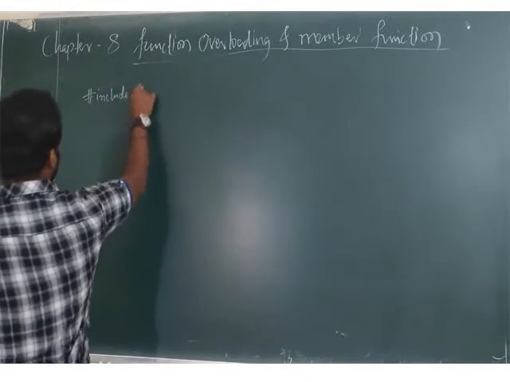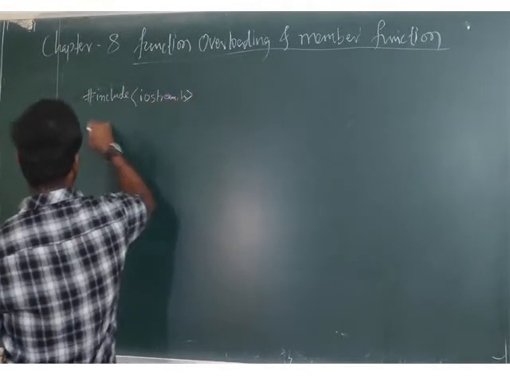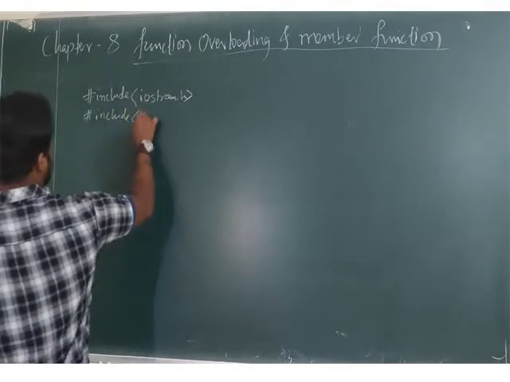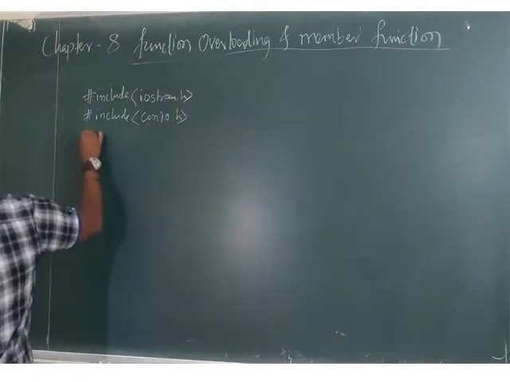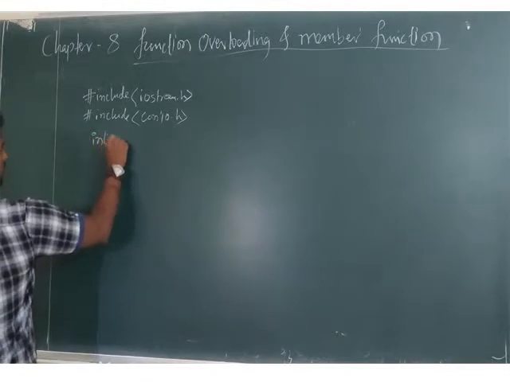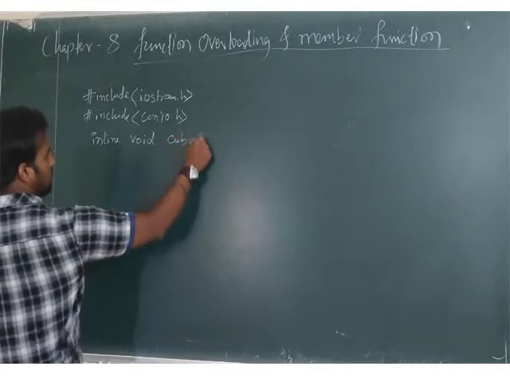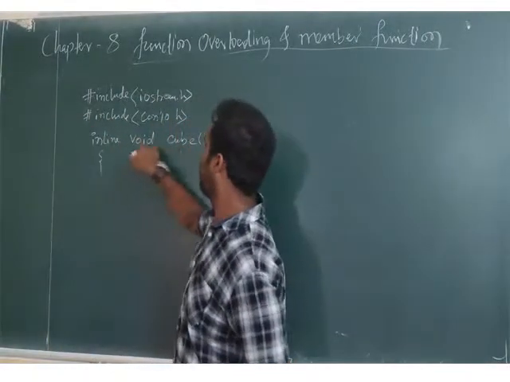Hash include iostream.h. Hash include. I have told you whenever we are writing the program, inline void cube. That's it. This is the function. Instead of void cube, we write inline.